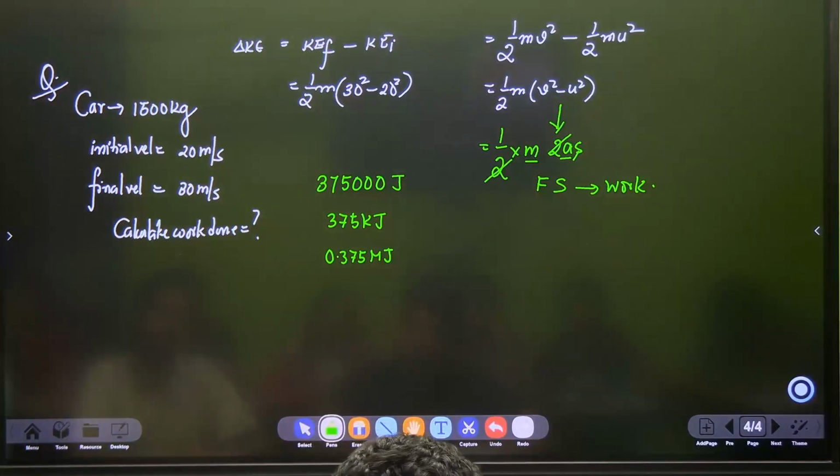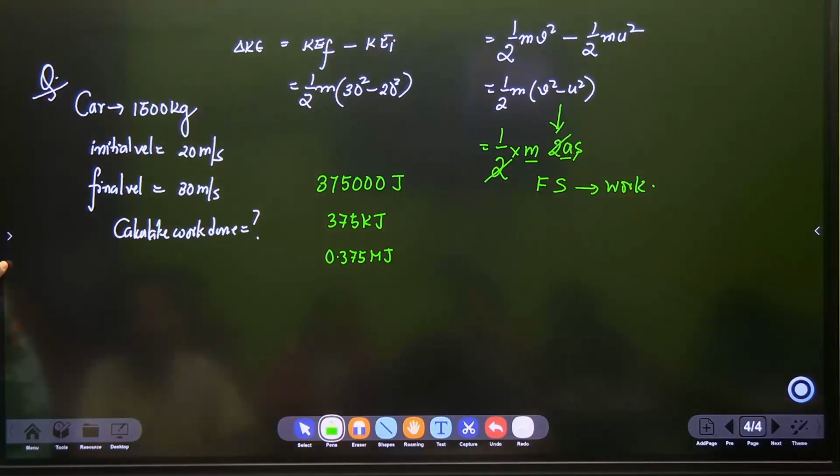10 to the power 3 is kilo, 10 to the power 6 is mega, 10 to the power 9 is giga. Similarly, 10 to the power minus 9 is nano. 10 to the power 12 is tera.